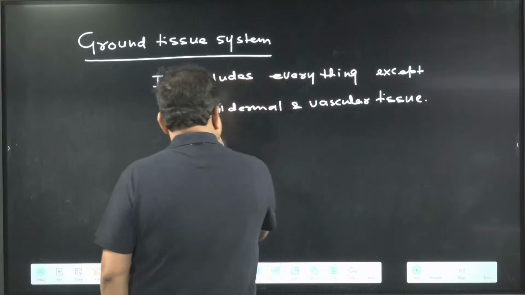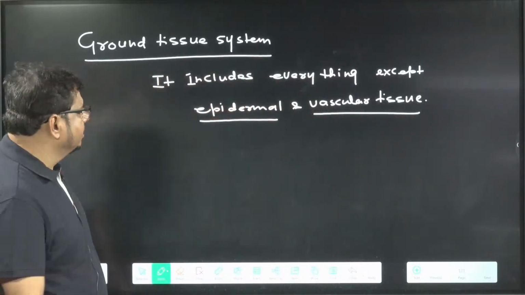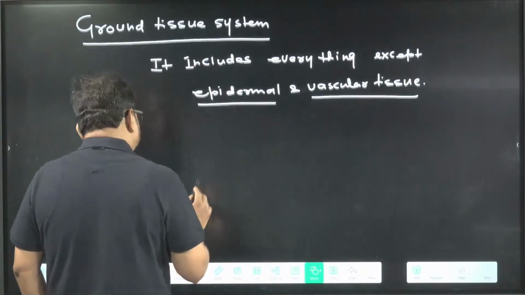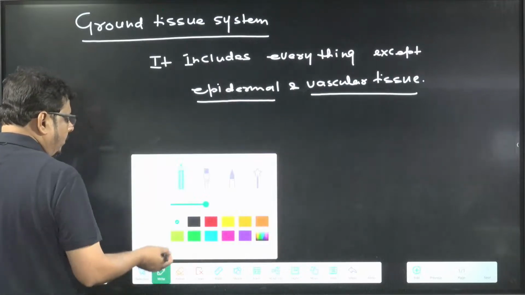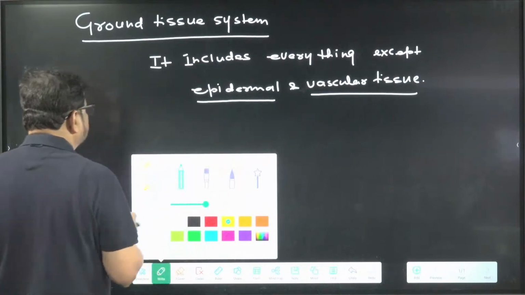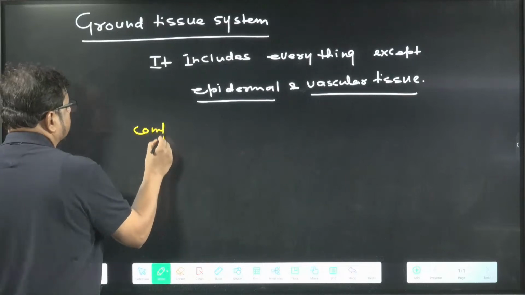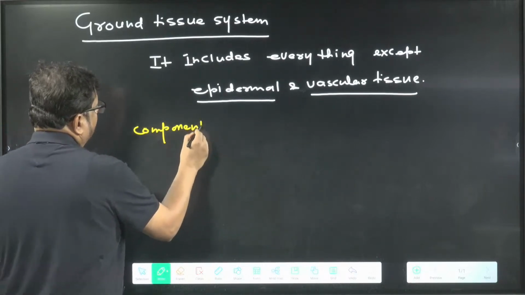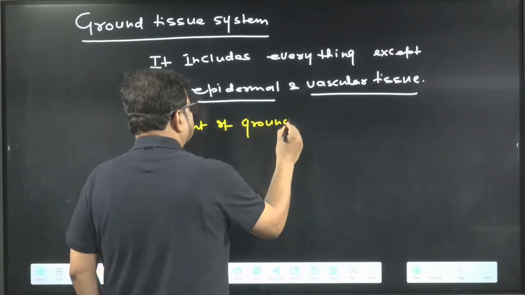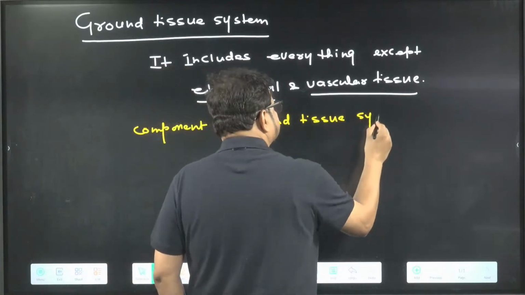So everything other than epidermal tissue system and vascular tissue system is called ground tissue system. Obviously, only three types of tissue system are there, and you are saying except these two, so who remains? Ground tissue system is there. Now, components of ground tissue system.